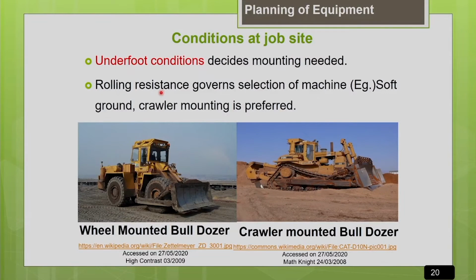After that, the remaining power is available for the productive job. So if the underfoot conditions are very poor, select a machine with greater horsepower capacity so that you can overcome the rolling resistance in the project condition, keep your machine moving, and do your job productively and efficiently.